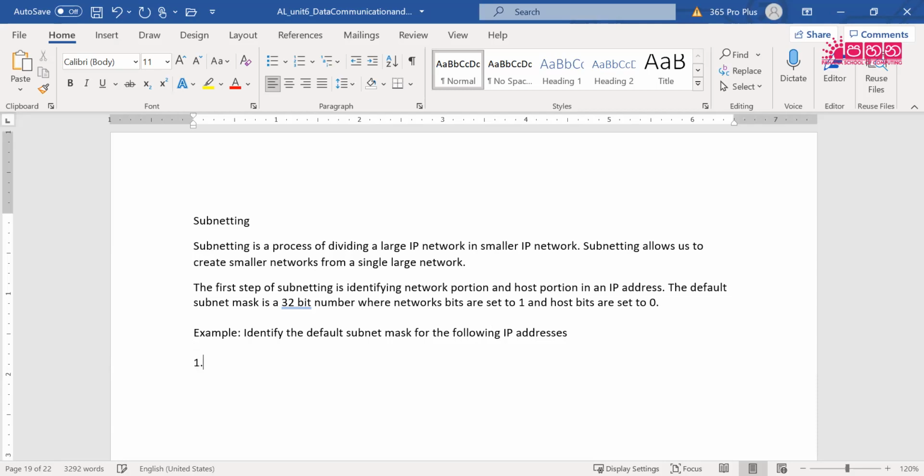Let me put 10.10.10.10. Second one, 172.168.1.1. Then 192.168.1.1. Can you let me know what the default subnet mask is?